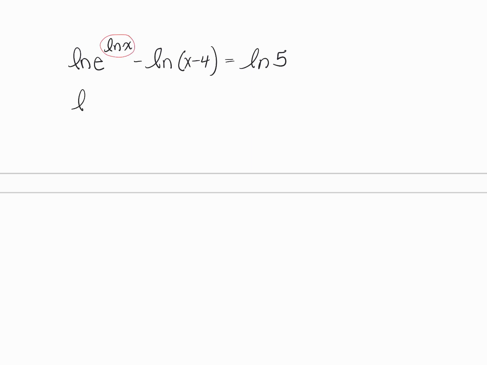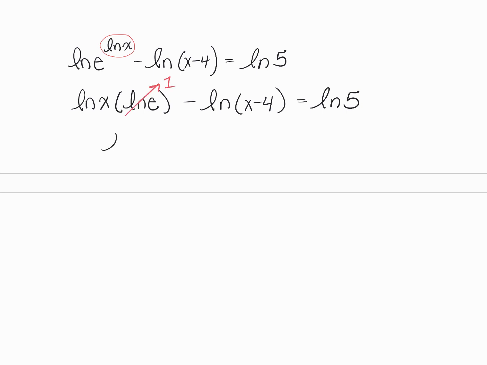That's going to give me the natural log of x times the natural log of e, minus the natural log of x minus 4, equals the natural log of 5. And we happen to know that the natural log of e is just 1, so we really have the natural log of x minus the natural log of x minus 4 equals the natural log of 5.